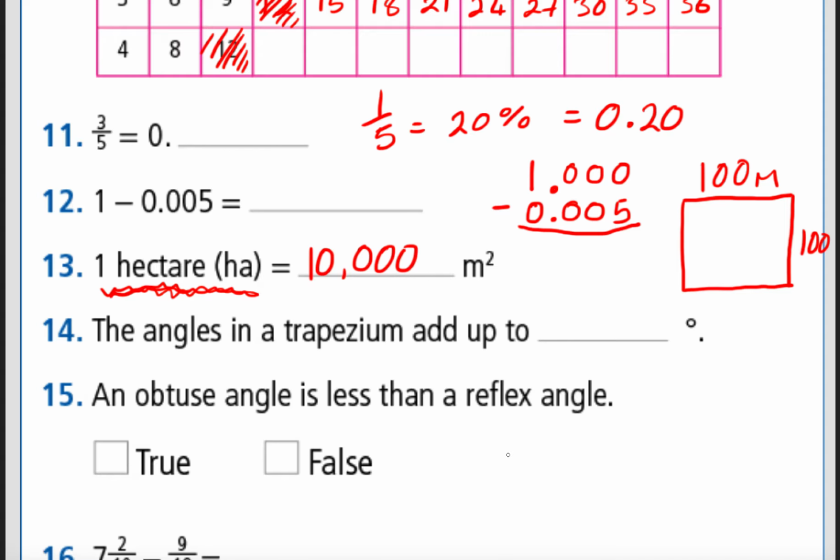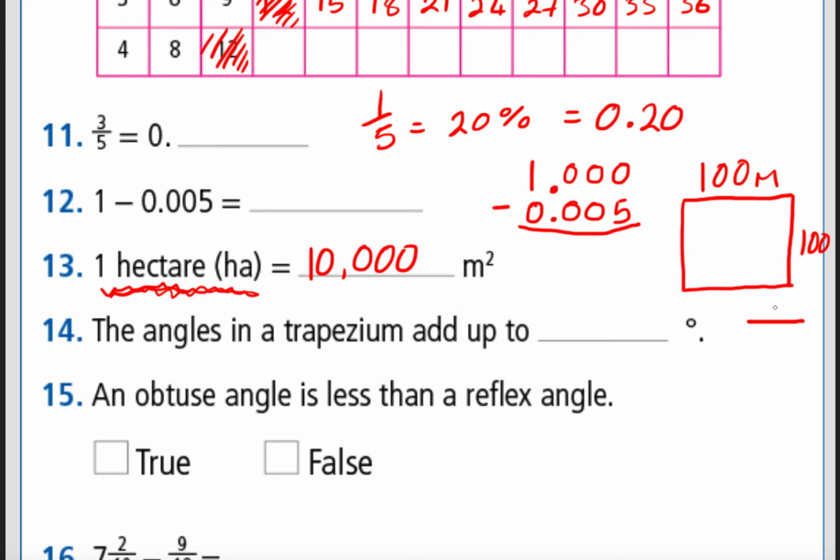Number 14. The angles in a trapezium add up to what? Now, trapezium, it's also a quadrilateral. Okay, so a quadrilateral is a 4-sided shape, and you have done this question before using just quadrilaterals.